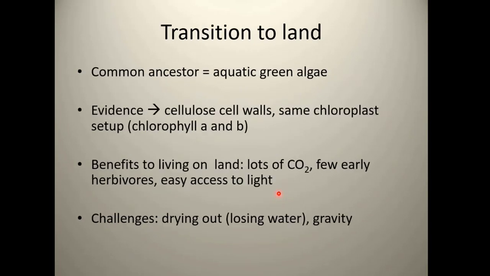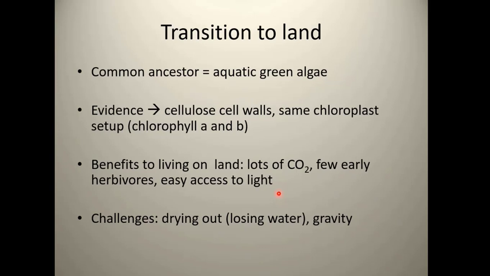Then the transition to land: the common ancestor was aquatic green algae. This is just an evolution. The evidence is that there is a cellulose wall and chloroplasts. The benefits of living on land for plants are that there's a lot of carbon dioxide, few early herbivores, and access to light.